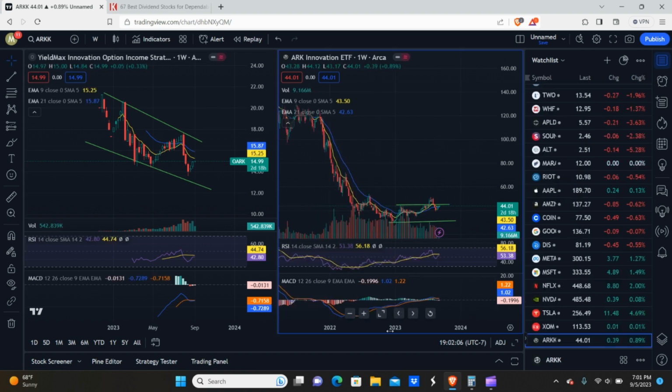But you guys have to understand about the underlying fund of OARK is that this thing has been consolidating pretty much sideways since almost April of 2022. The reason is that ARKK is comprised of a lot of stocks that are in the Russell 2000. Russell 2000 is basically small and micro cap stocks.